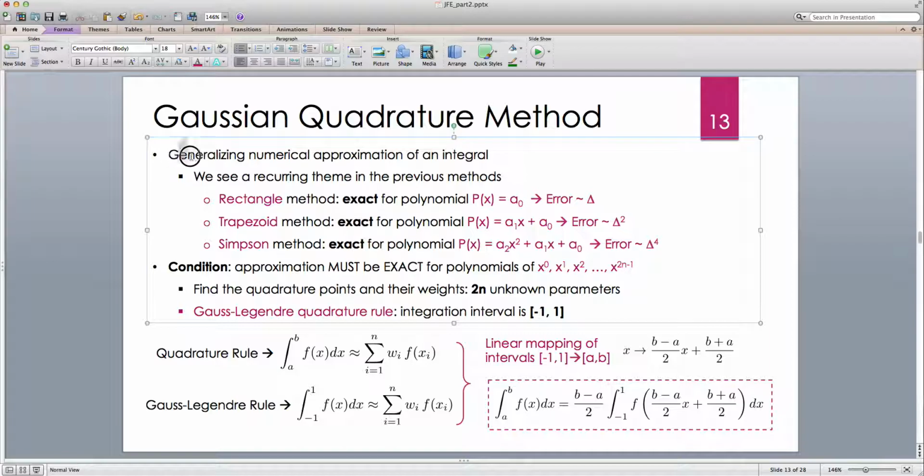And the idea is that we want to generalize numerical approximation of an integral. So far we saw that the simple definition of integral is the Riemann sum, which is the sum of f of xi times delta x.